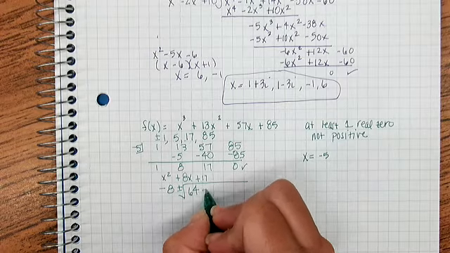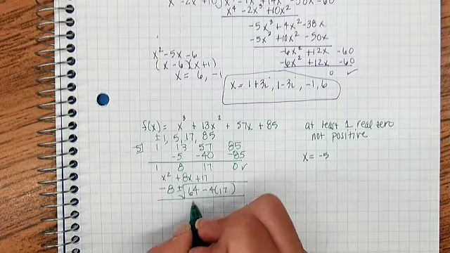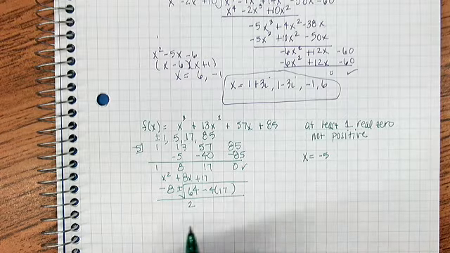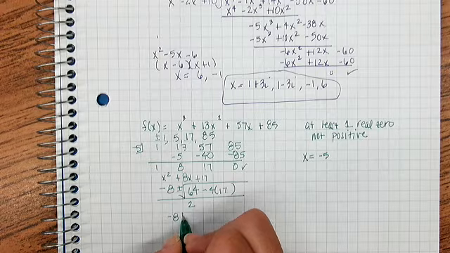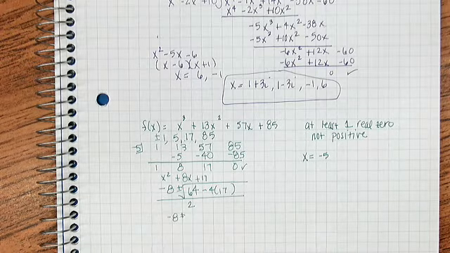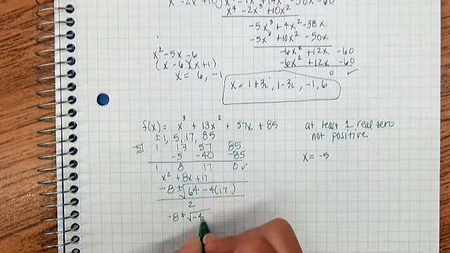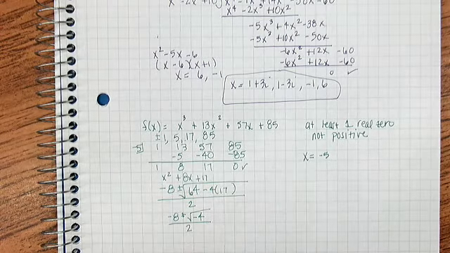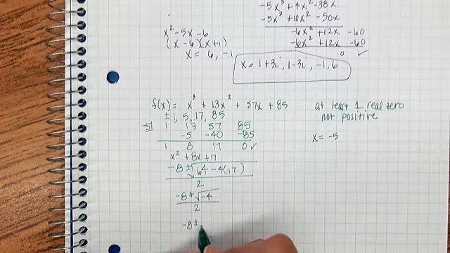B squared minus 4AC all over 2A. So this is -8 plus or minus the square root of 64 minus 68, all over 2. This is -8 plus or minus 2i over 2.